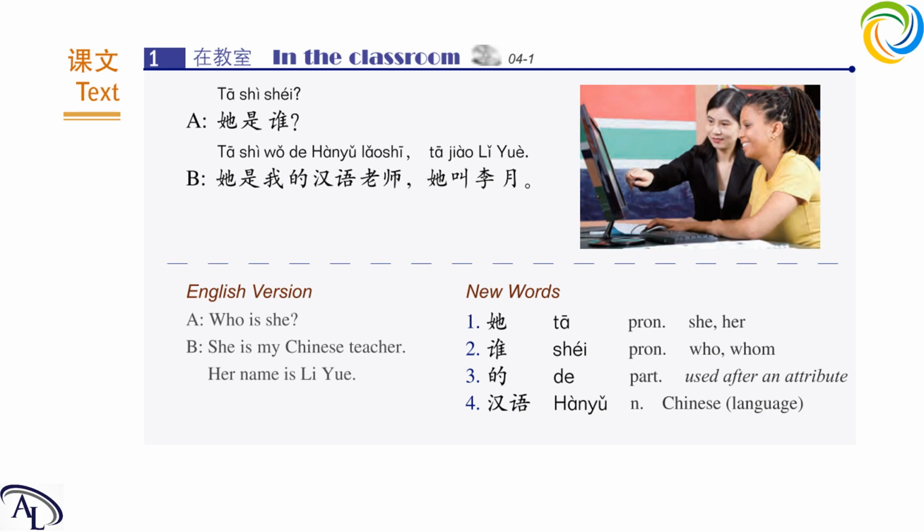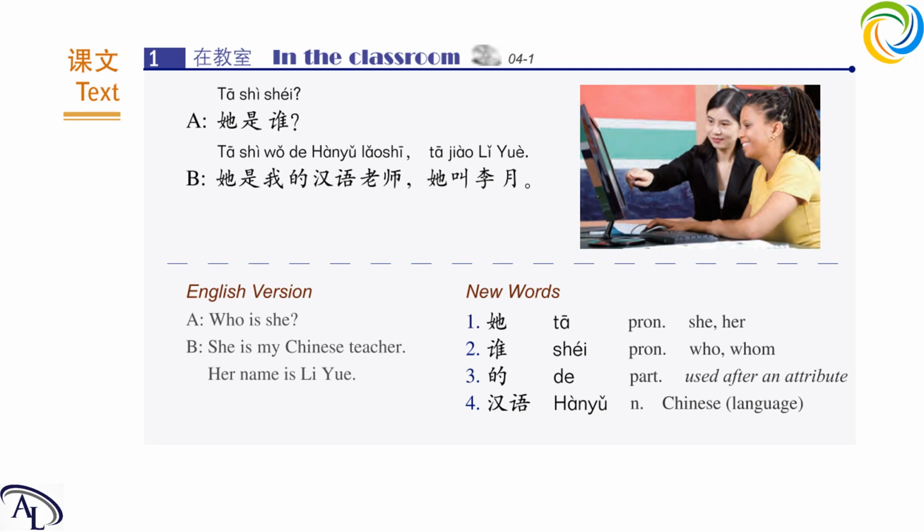Okay, from these two sentences, what can you see? The structures of these two sentences. We can see at the beginning, they all start with the subject 他, right? And then is the predicate. In the predicate, the verb is 是, and the object is 谁 and 我的汉语老师. So we can see the word order of these two sentences is the same, although one is a question and one is an answer.